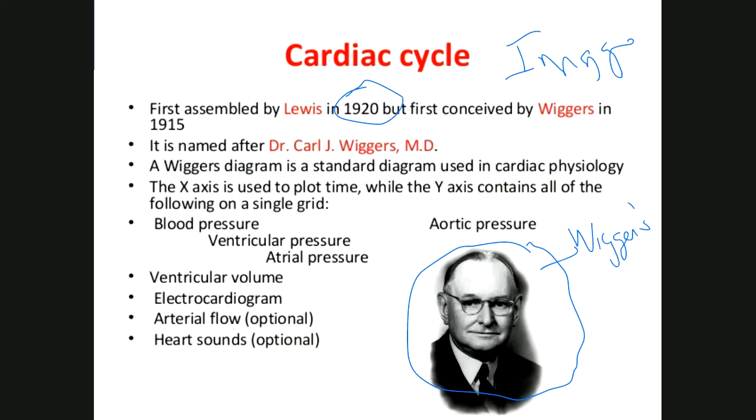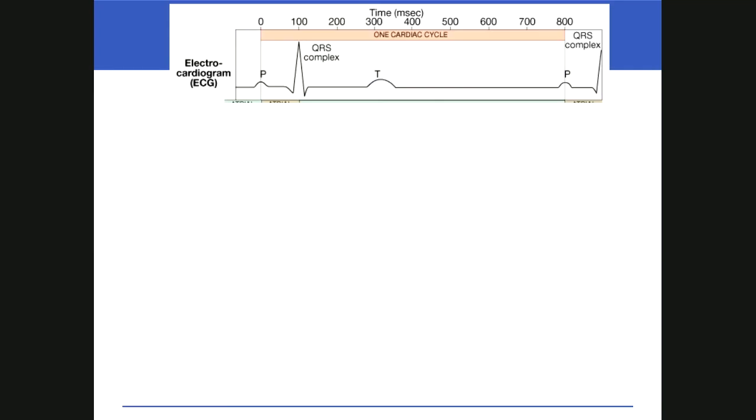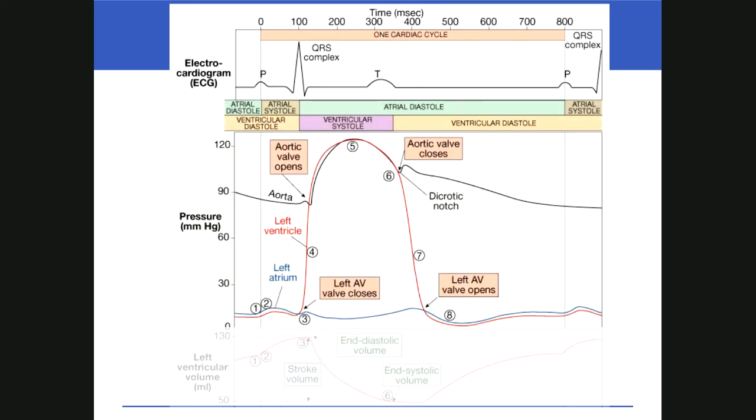And what he decided to do was try to put all of that stuff we just talked about, pressures, volume, the ECG, heart sounds, all of that onto a single picture, a single diagram, so that you could see what was going on at any one point in time. And he came up with this, which is now called the Wiggers diagram. And here's what the Wiggers diagram looks like.